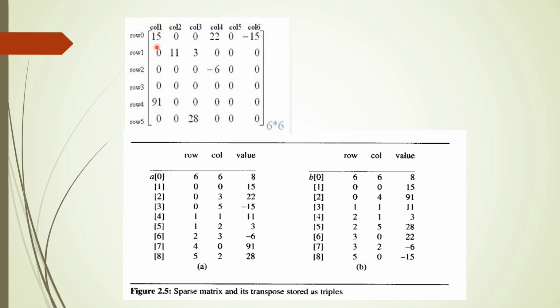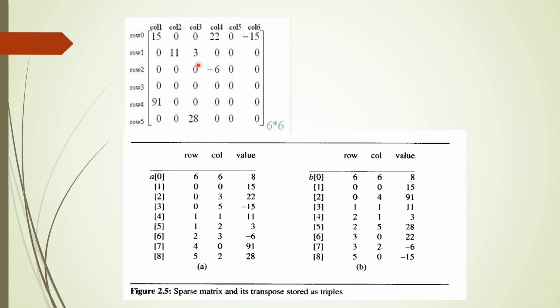So where is the first non-zero element present? It is present in the 0th row and 0th column, so there we have 15. Next is present in the 0th row and third column, we have 22. Next, 0th row and 5th column, we have minus 15. Next element, in first row and first column, is 11.